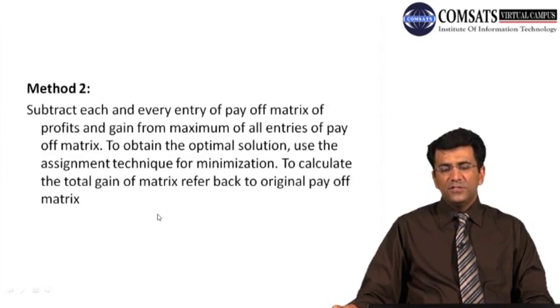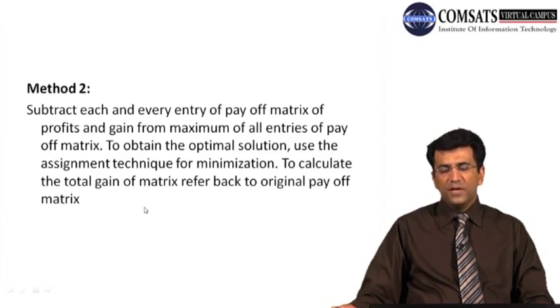There is another method which we can use for maximization problems, that is to subtract each and every entry of the payoff matrix of profits and gains from the maximum of all the entries of the payoff matrix. So this is the second method of maximization problem. We will find the maximum number out of the whole matrix, and we will subtract all the other numbers in the matrix from this highest number, and again the rest of the steps will remain the same.